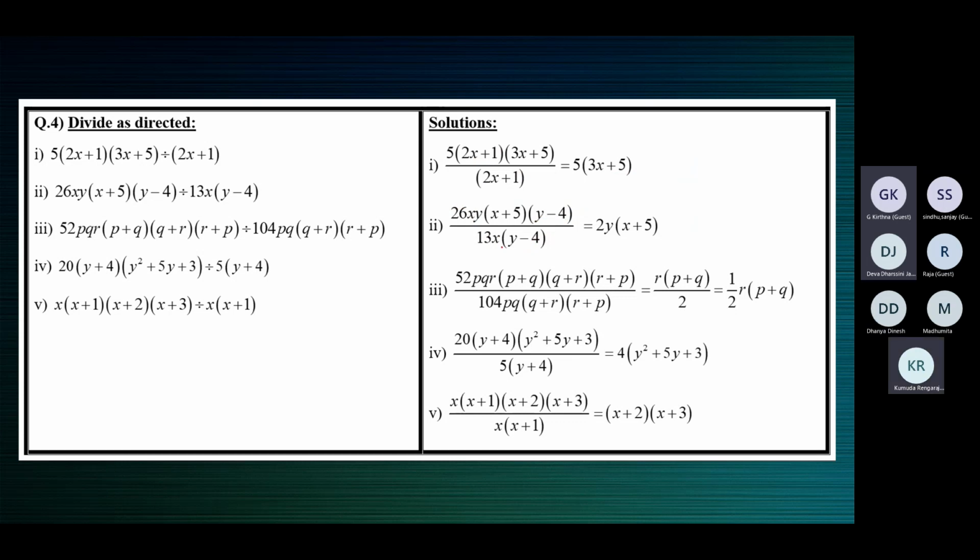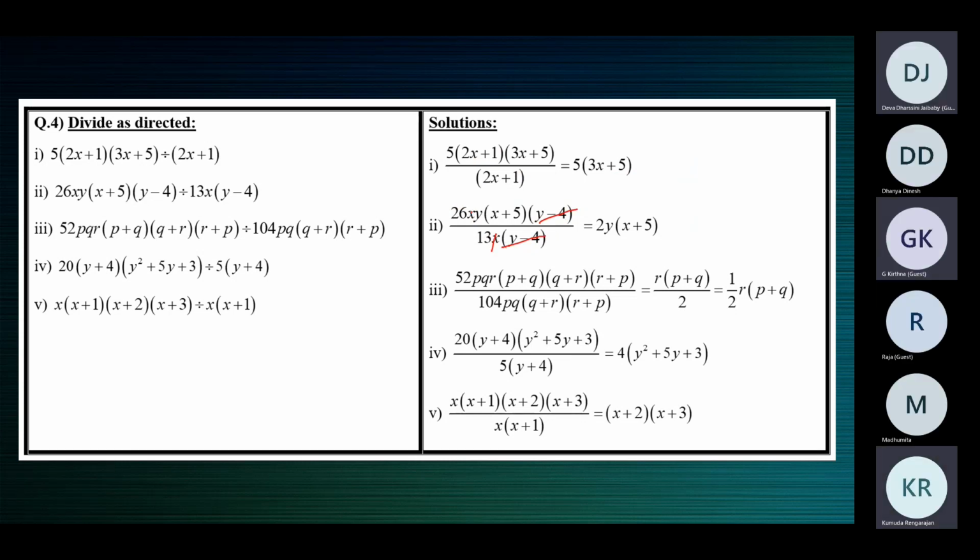Yes, ma'am. Y minus 4 cancels out. X and X gets cancelled. It's a product everywhere. It's multiplication everywhere. 13 into X into Y minus 4. So X and X will get cancelled. Now you'll think 26XY is one thing. How can you take away 2X from that? No, 26 into X into Y it is.